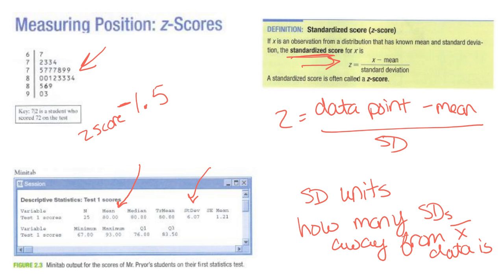That would mean that the data point you're referring to is 1.5 standard deviations below the mean. Let's say they had a Z-score of 3. That would mean that they are 3 standard deviations above the mean, which is really high, which would most likely be an outlier. So that's what a standardized score is telling you: how many standard deviations away from the mean they are, whether it's above or below.